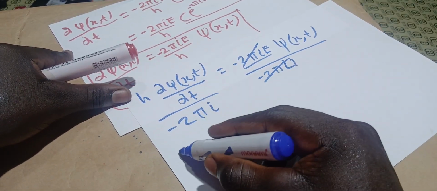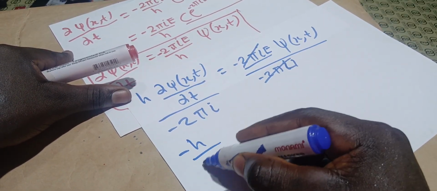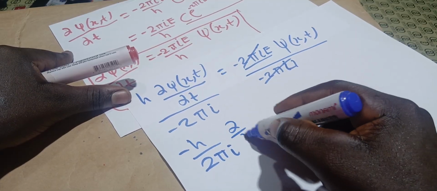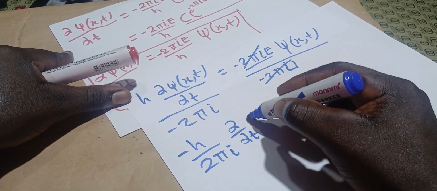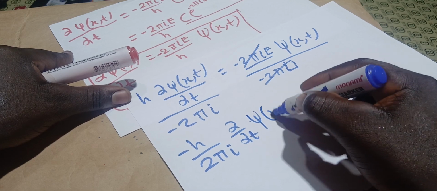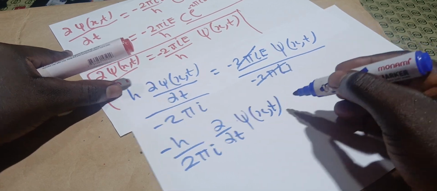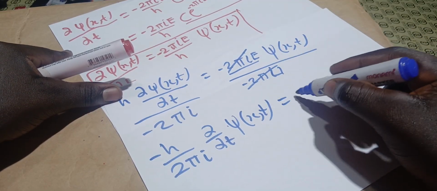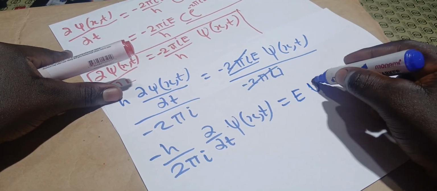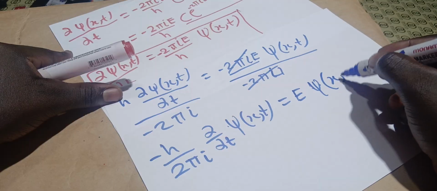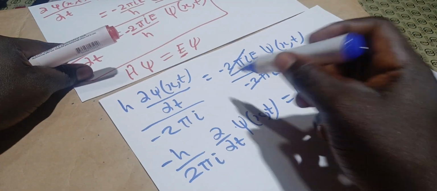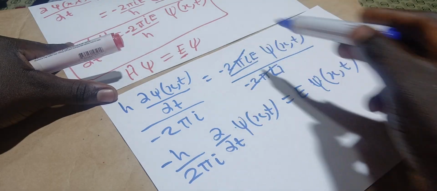So this should be given as minus h over 2 pi I d over dt. Then since they are multiplying, you can arrange them anyhow. Equal, we are only left with E here and the wave function. So you could see that we are getting something of this sort.